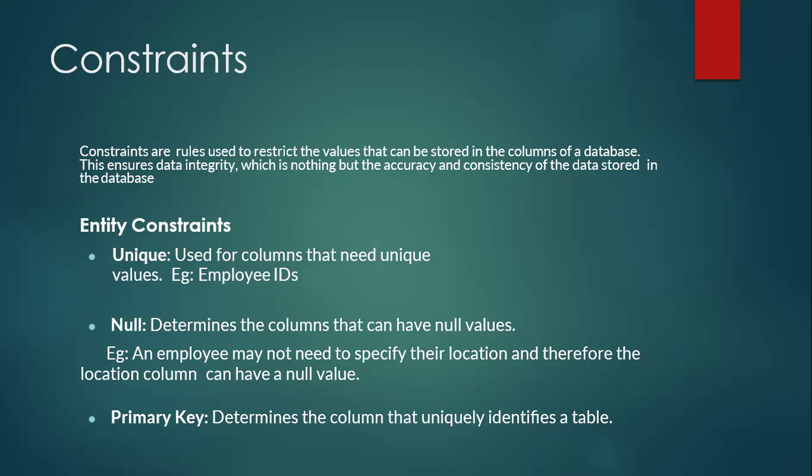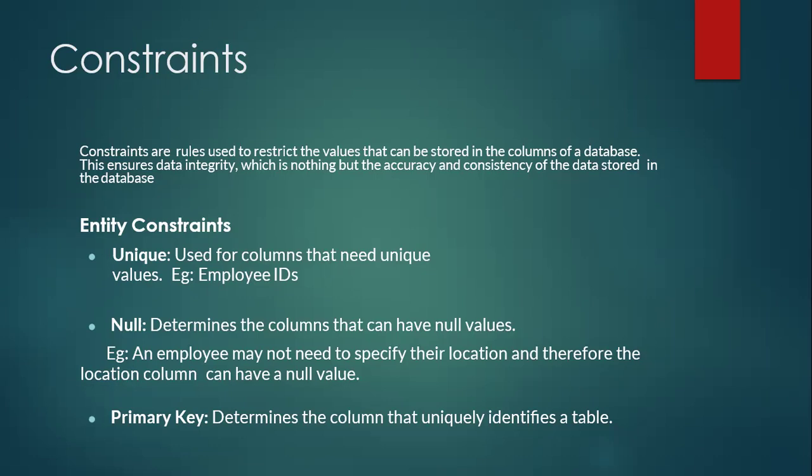No, no, no. See, unique constraint can take unique values only. It will not take duplicate values. But unique constraint can take null values as well. But primary key constraint will take unique values and not null, which means it will not take null values. Can a primary key contain duplicate values? No, it will not.